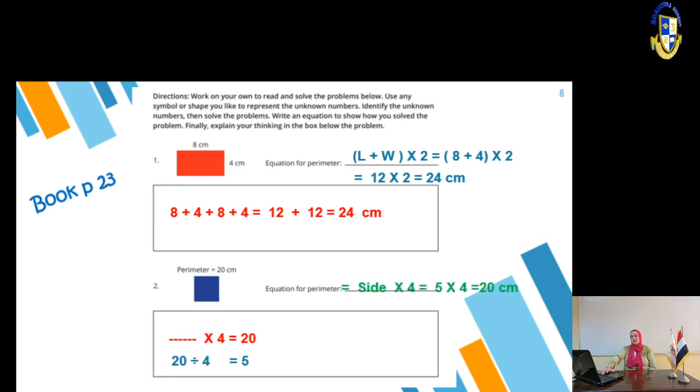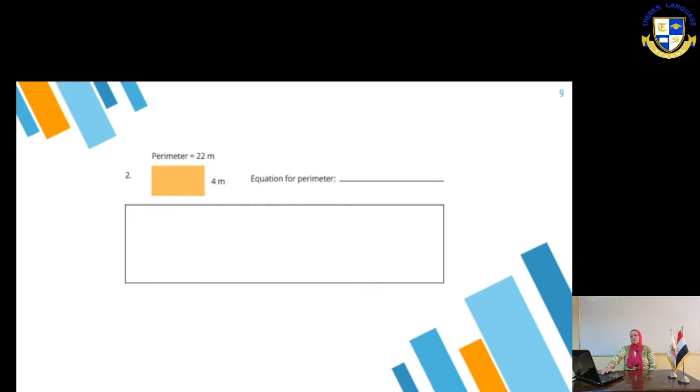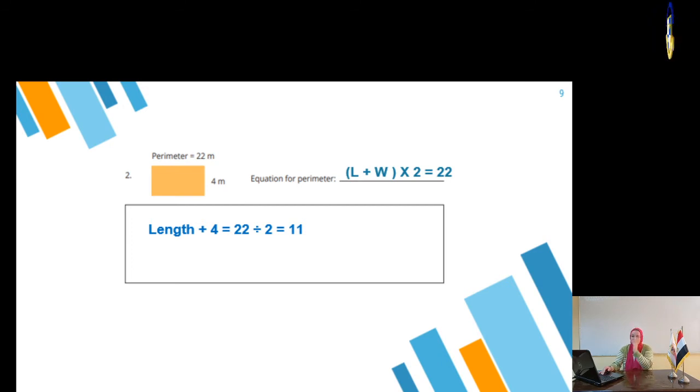In the next page, we have a rectangle with width 4 meters and the perimeter 22 meters. Okay, write the rule of the perimeter of the rectangle: length plus width times 2 equals 22. So length plus width equals 22, and we don't have the length, 4 is the width.